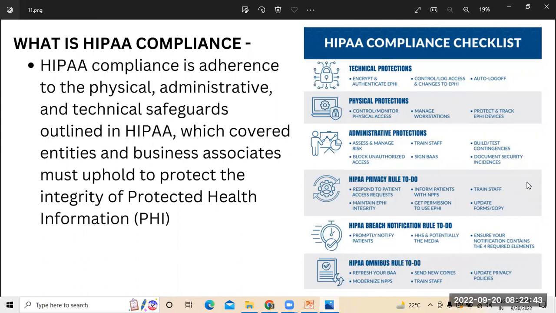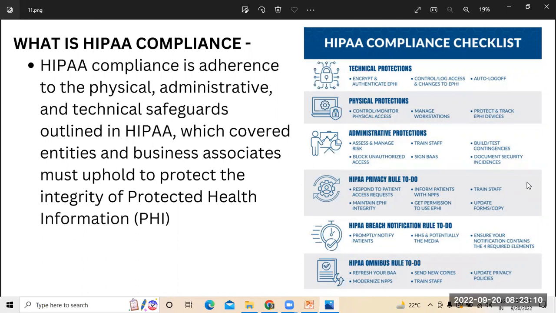At the same time, HIPAA omnibus rules, where we need to update the policies from time to time, because the policies and procedures we prepare may not continue all the time, right? So this is a continuous activity where we have to update at regular intervals.